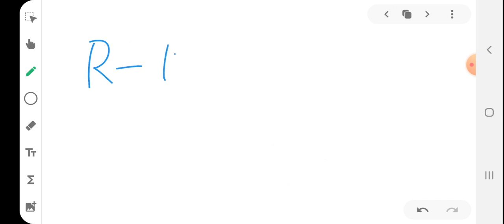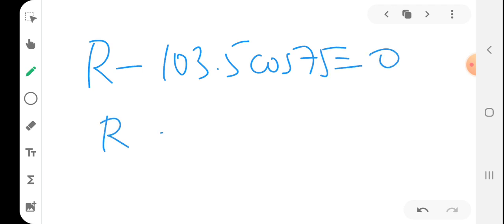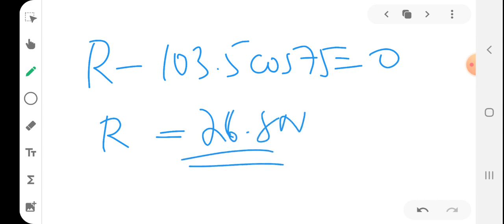R minus 103.5 into cos 75 is equal to 0. Solving this, you will get R as 26.8. So in either way you can solve the problem, and it is up to you to decide which one is easier for you. This Lami's theorem can be applied only in situations where there are only three forces. Just remember that particular point.